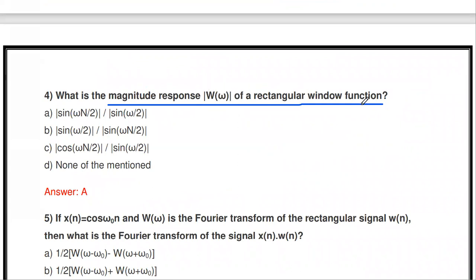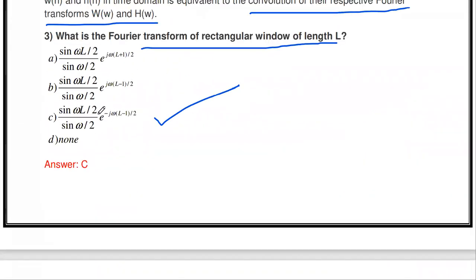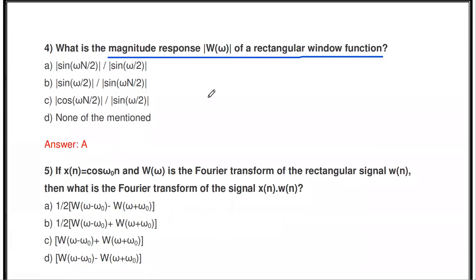If you take the magnitude, the e power minus j theta term has magnitude 1. So the answer is modulus of sine(omega L by 2) by sine(omega by 2). If the length is N, the answer is modulus of sine(omega N by 2) divided by sine(omega by 2).